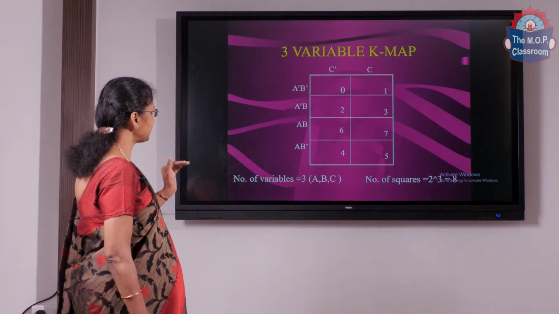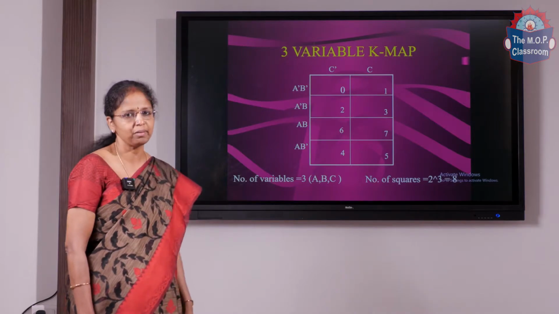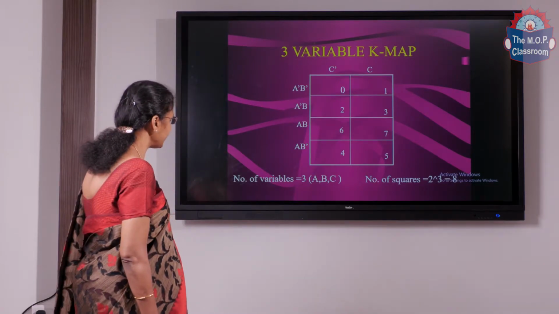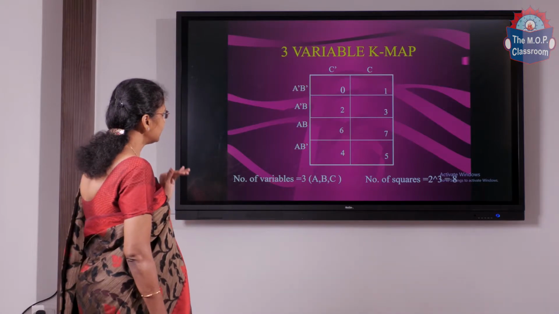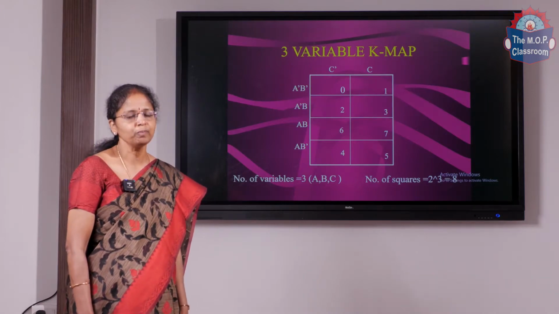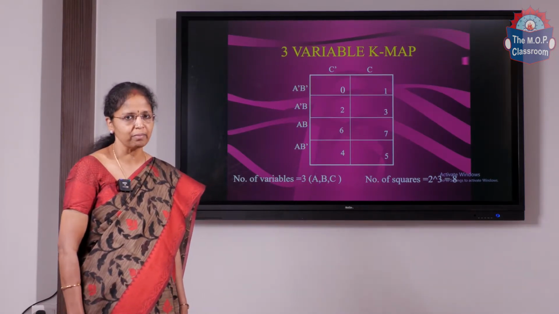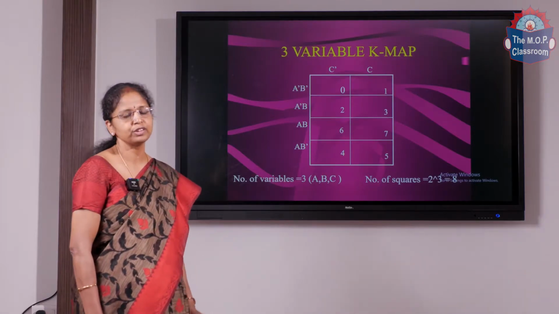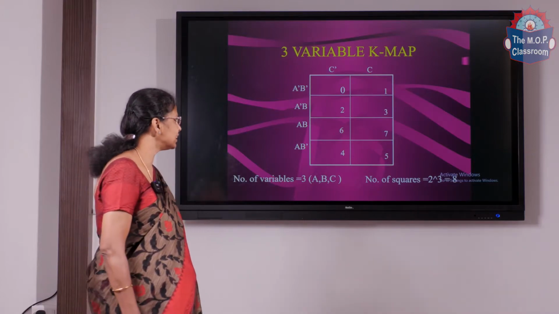See, we have skipped an order when we move from the second row to the third row. According to your truth table, it should be AB prime and the fourth row should be AB. But here we are not using that, because according to the rule, when we move from one cell to another cell in a K-map, only one variable should change from complemented to uncomplemented form or vice versa.